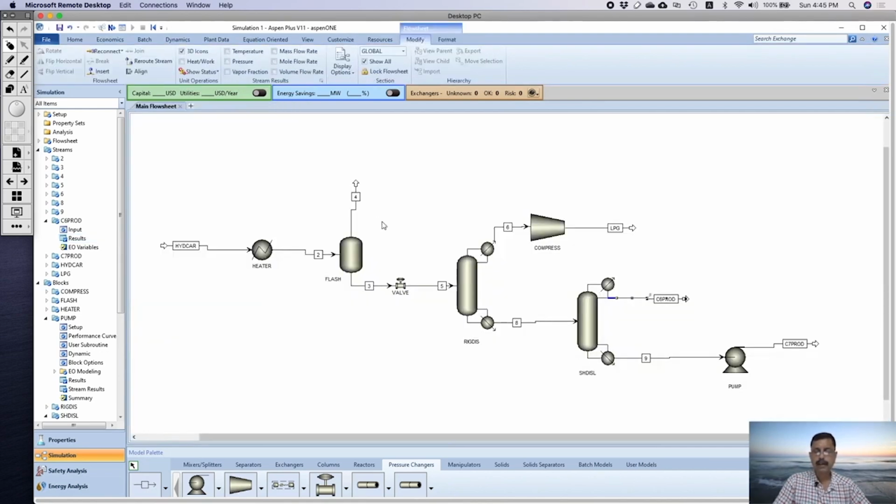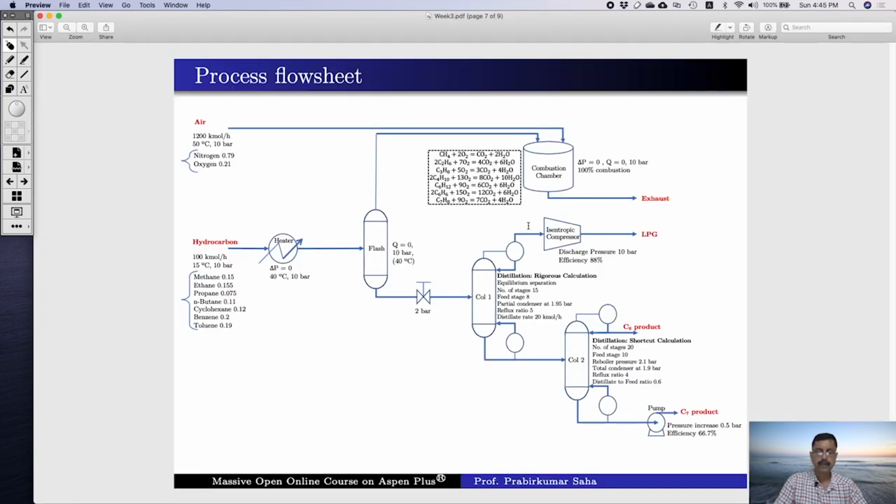So till now we were discussing the liquid side of the flash tank. Now we are yet to deal with the lightest keys, that is methane, ethane and all. So these things are regarded as the lighter components.